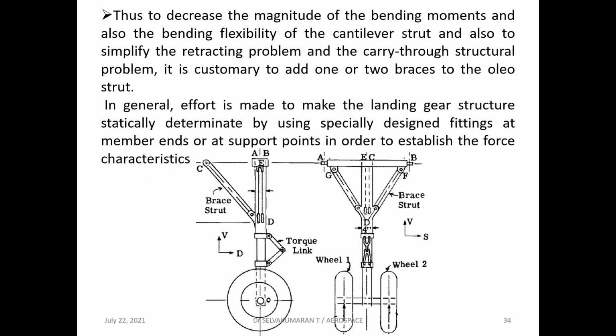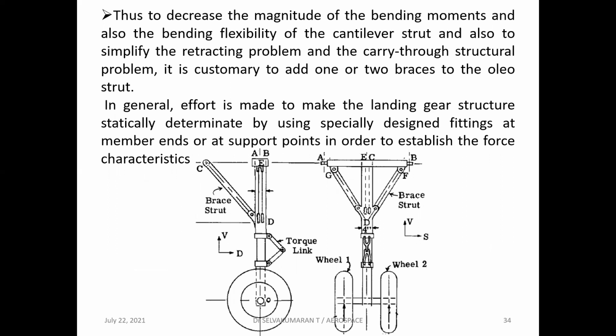Thus, to decrease the magnitude of the bending moments and also the bending flexibility of the cantilever strut, and to simplify the retracting problem and the carry-through structural problem, it is customary to add one or two braces to the oleo strut.